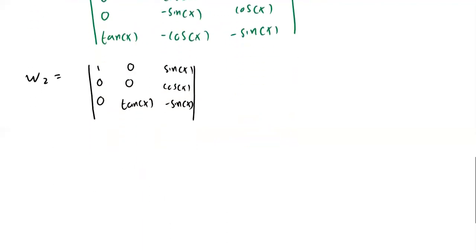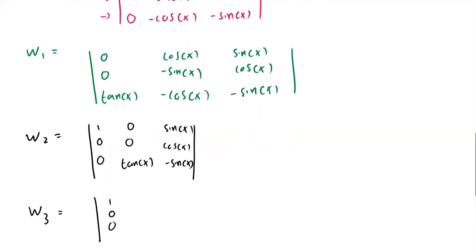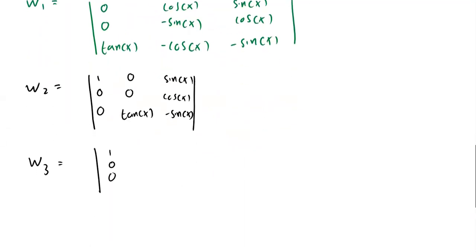And then W3. The first column stays the same. The second column stays the same compared to the original Wronskian. But since it's W sub 3, you replace the third column with a column of all zeros and g of x at the end.